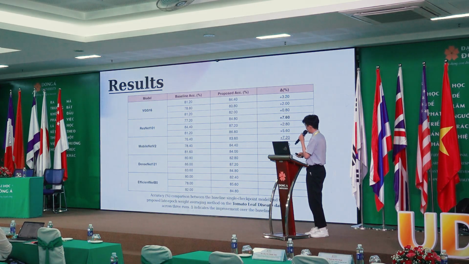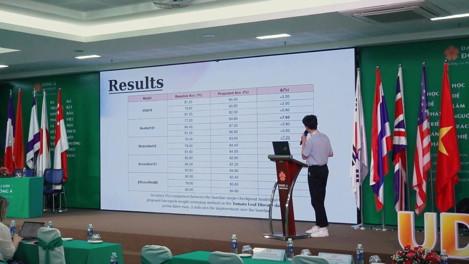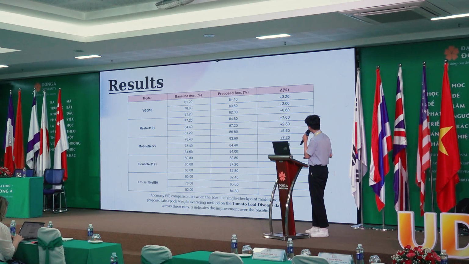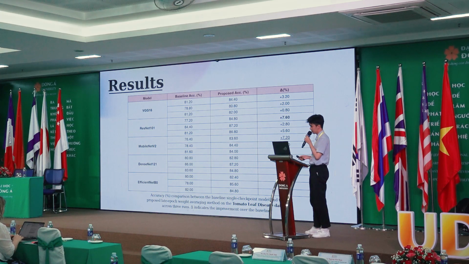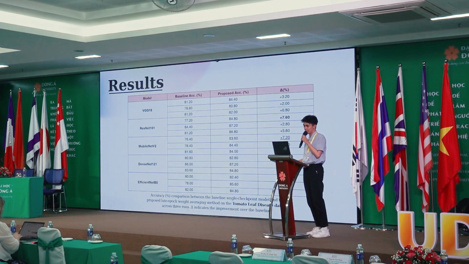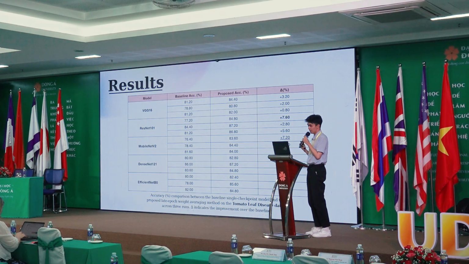So for the result we get after using our method on the tomato leaf disease dataset, we saw that the accuracy change ranges from the lowest of about 0.8% to the highest of 7.6%. We saw that ResNet101 and MobileNetV2 had the most dramatic improvement.